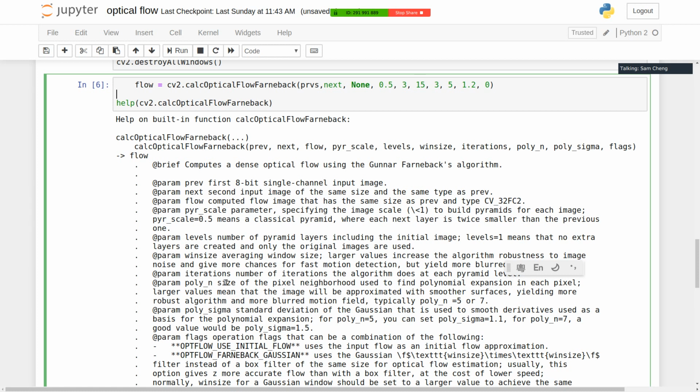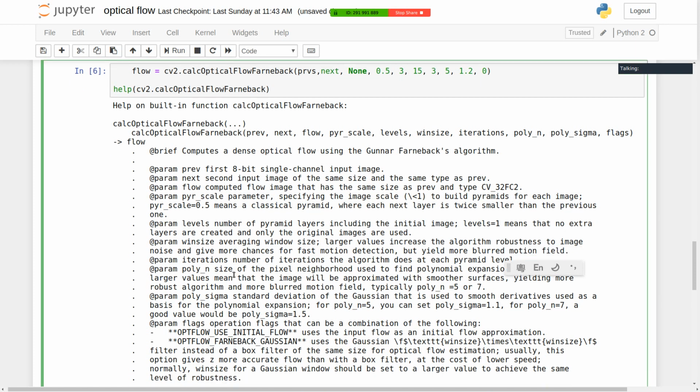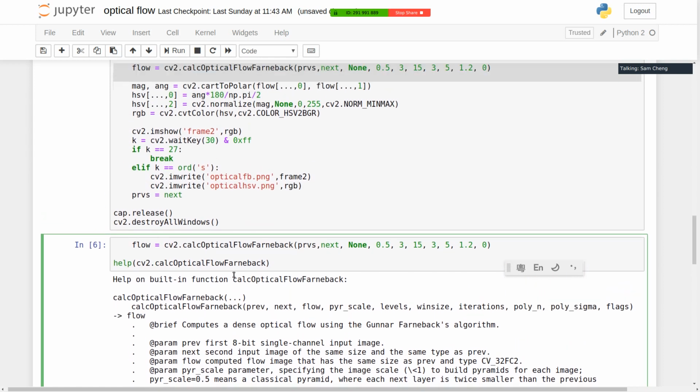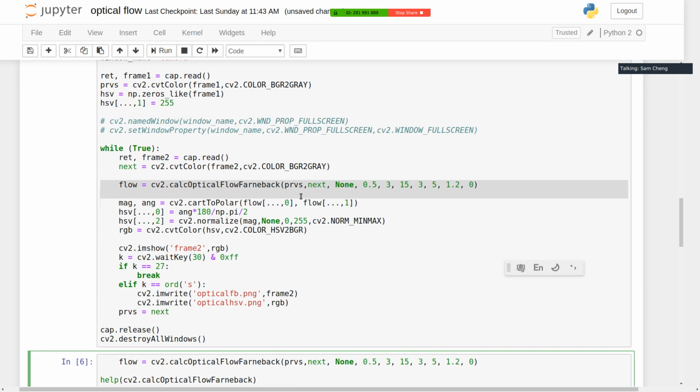Anyway, whenever you get into a function like this, you just need to take a look at the documentation, and maybe even searching in Google is nice, just to see what parameters are good.